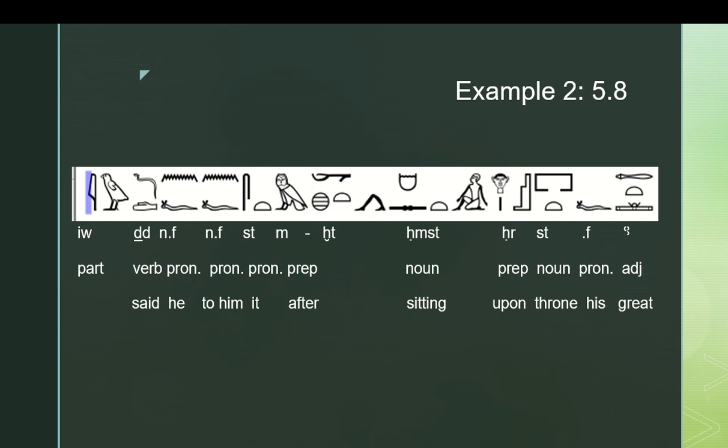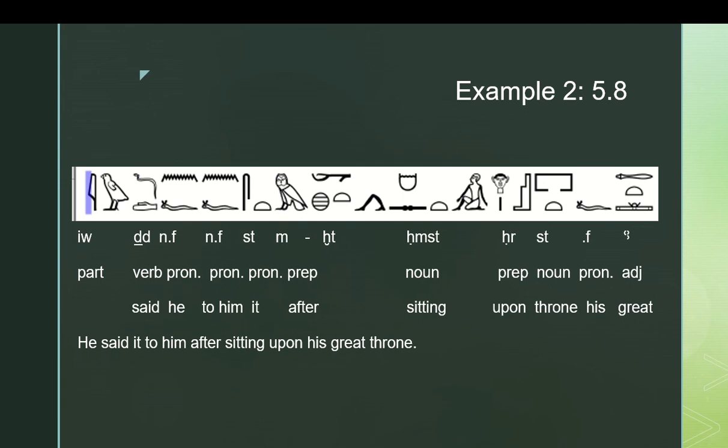Cher means upon. Set is the throne. It's specifically with the F, it's his throne. A is an adjective that means great. So then the meaning of this is pretty clear once we got through that difficult first section, and remember that emchet was a preposition. He said it to him after emchet.